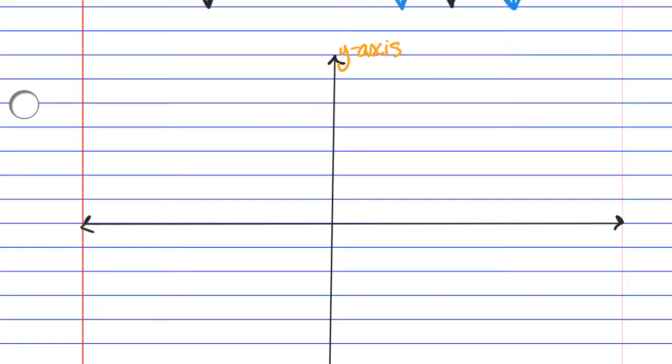The vertical axis is y, the horizontal axis is our x-axis. For this example, I am going to be using a positive parabola. They can be wide, they can be skinny, they do not have to pass through the origin. I'm actually going to draw one here, like so.